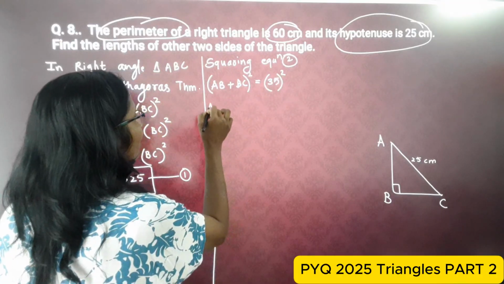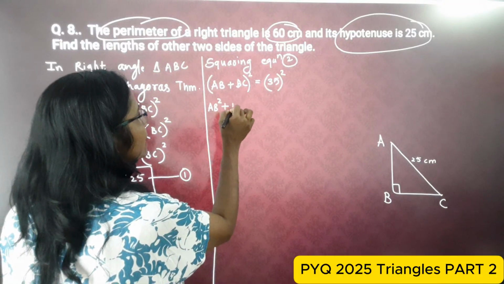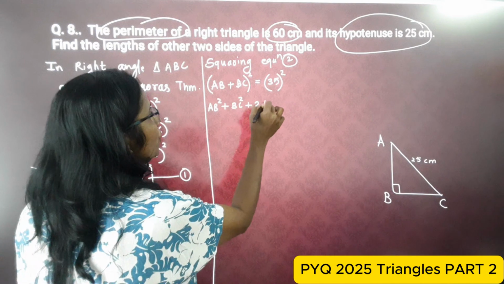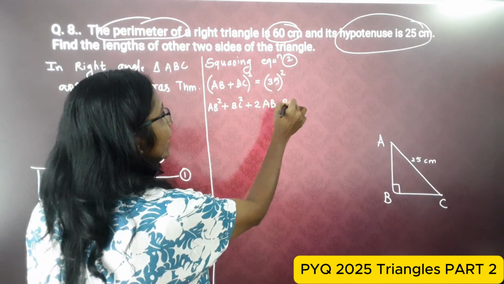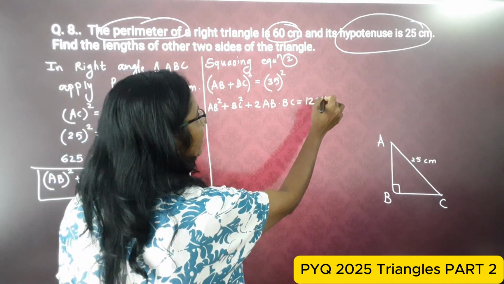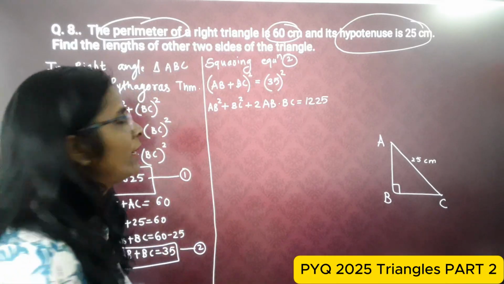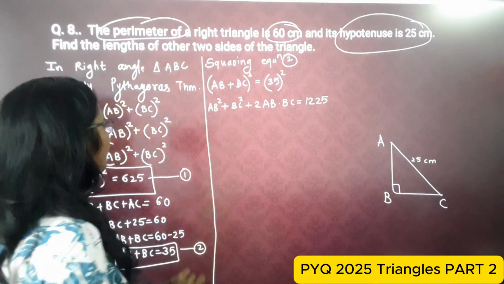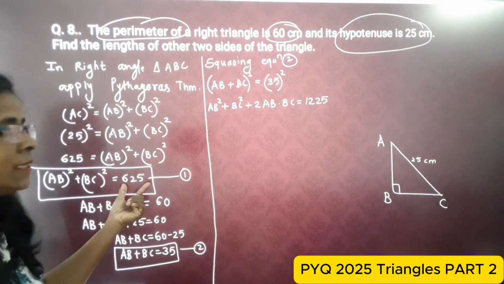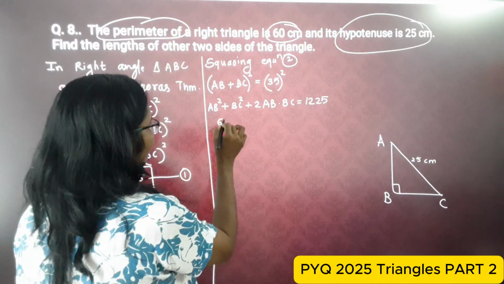So AB square plus BC square plus 2 AB multiplied by BC is equal to 1225, the square of 35. Now AB square plus BC square, see here students, the equation 1, that is 625.